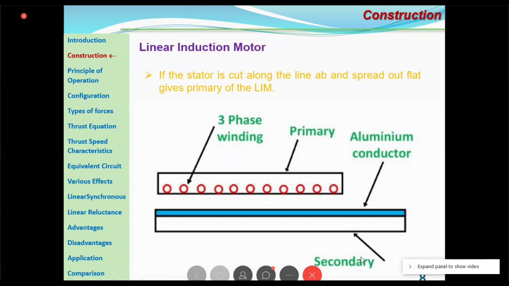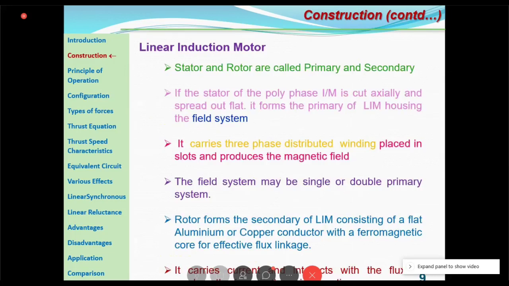Here, in the conventional case it is a stator and rotor, but in this case it is a primary and secondary. When you cut the induction motor axially and spread it out flat, you get the primary, which is the field system. The field system carries the three-phase distributed winding and produces the magnetic field, and it can be a single or a double primary system.